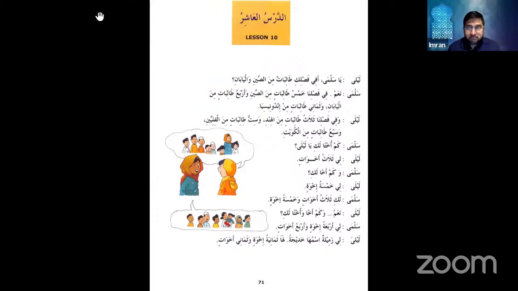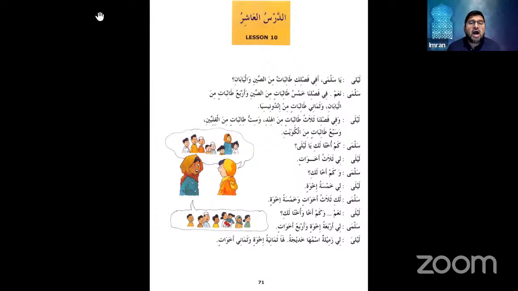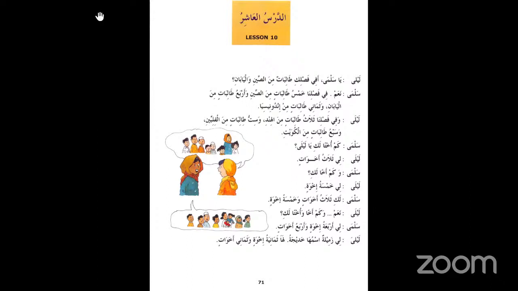كم أخت لك يا ليلى؟ How many sisters do you have, O Layla? لي 3 أخوات. I have 3 sisters. وكم أخا لك؟ And how many brothers do you have? لي 5 إخوة. I have 5 brothers.